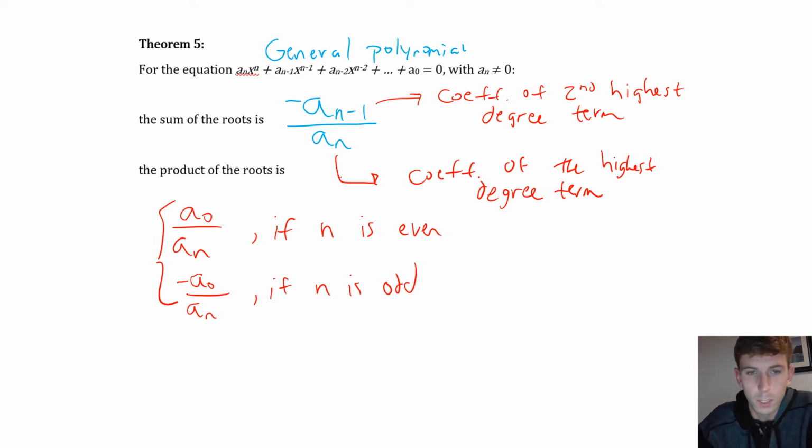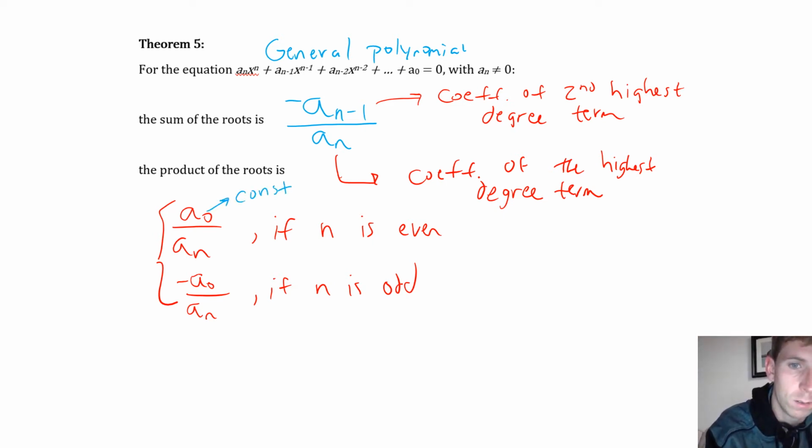And here a sub n is the same as above. A naught, that is just the constant term. And here n is the degree.